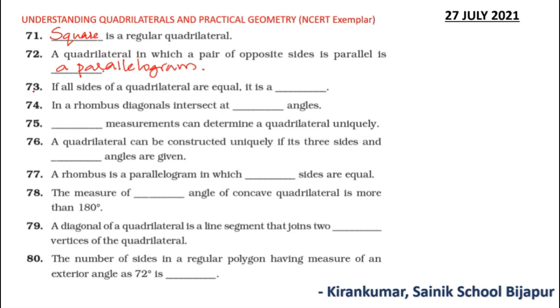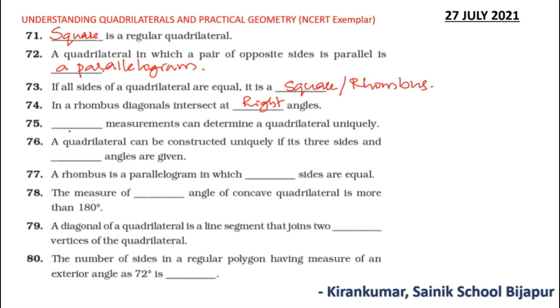Question 73. If all sides of a quadrilateral are equal, it is a square or a rhombus. Question 74. In a rhombus, diagonals intersect at right angles.